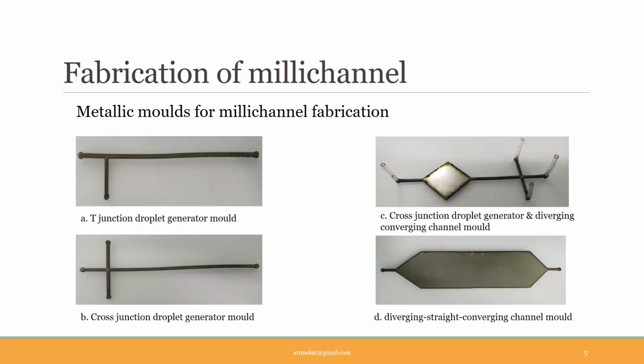In this slide, you can see the images of different molds we use. The first one is for a T-junction droplet generator, and the second one is for a cross-junction droplet generator, and this is the mold of a cross-junction droplet generator and a diverging converging channel, and this is a mold for a diverging straight converging channel.